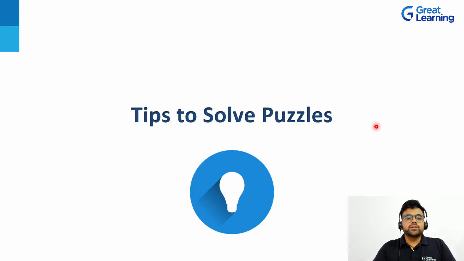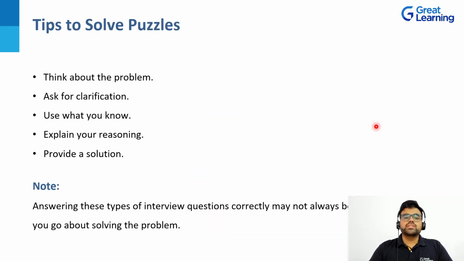So moving ahead, what would be the tips from my side to solve these particular problems? What would be the tips that you would want to know when it comes to solving puzzles, right? The first step, step number one, is to think about that problem. When the question comes in front of you, you do not have to read it half. You do not have to just come up in a hurry with what would be the solution.